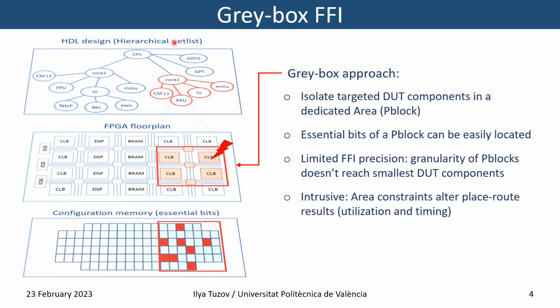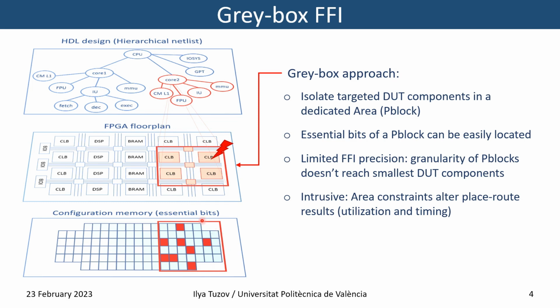Some tools follow a more refined gray box approach. Its idea is to isolate the targeted design component in a dedicated chip area, or P block. With the basic knowledge of bitstream composition, we then can locate the corresponding fragment of configuration memory. And again, the essential bits from this fragment can be sampled in a blind manner.